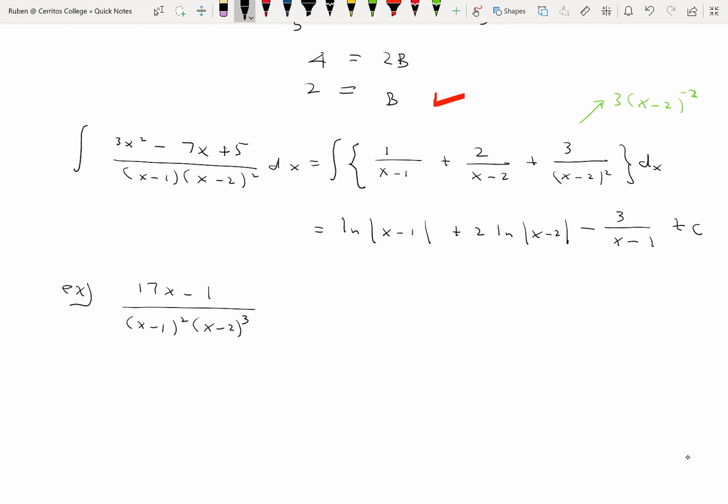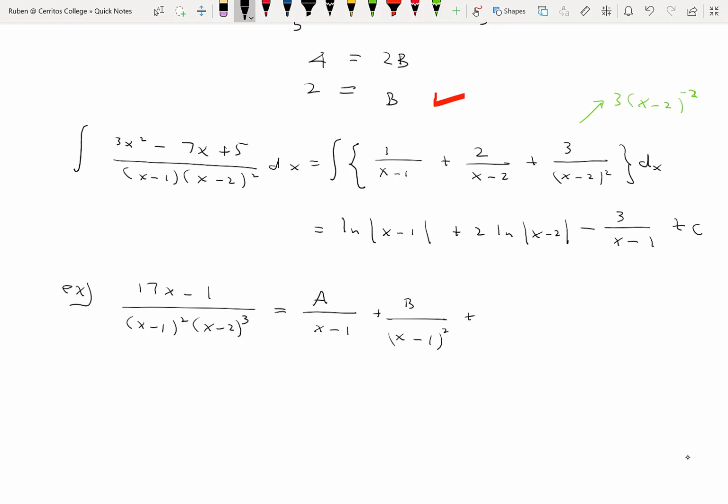What would it look like? It would look like A over x minus 1 plus B over x minus 1 squared. So we include in the partial fractions decomposition the highest power that's in that factored denominator, but we also include all the powers below it, down to the first power.